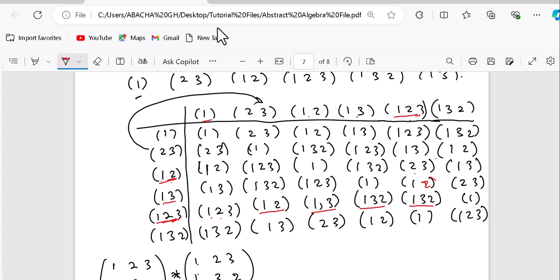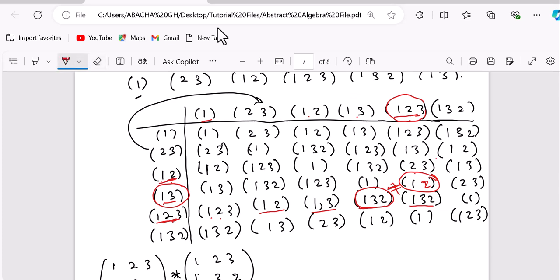So they are not the same. (1 2 3) to this one, I get this answer, but (1 3) to (1 2 3) here, I get (1 2) here. So this one and this one are not equal. So it is not a centralizer. So (1 3) is not a centralizer of (1 2 3). So let me take it off.